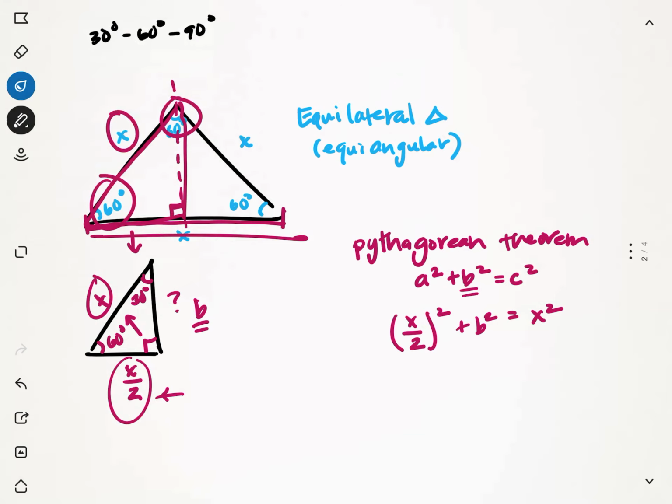Alright, so let's square this up. So when we square this parentheses, we got to square the x, but we also have to square the 2. Now using algebra, I'm going to move this x squared over 4 by subtracting.